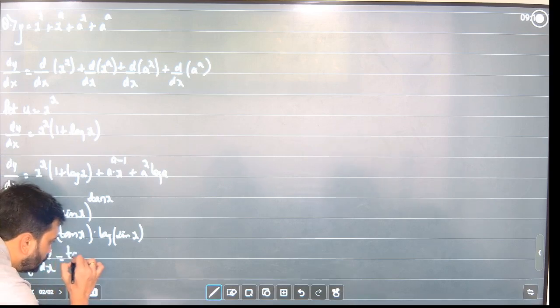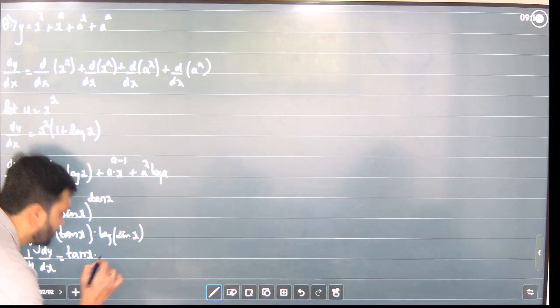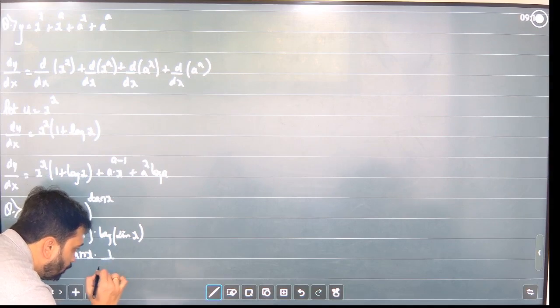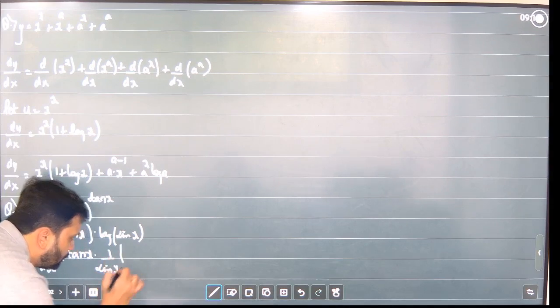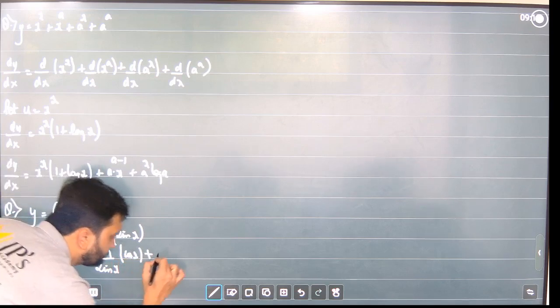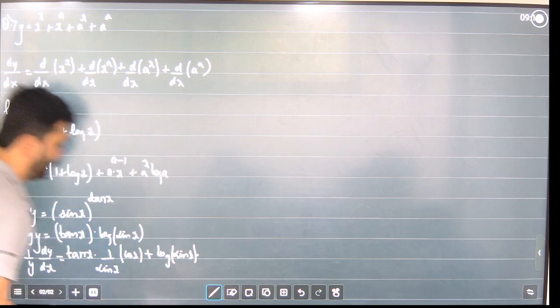equal to tan x. Guys, what is the derivative of log sin x? The derivative of log sin x becomes 1 upon sin x. What is the derivative of sin x? Cos x. Plus log sin x into the derivative of tan x.